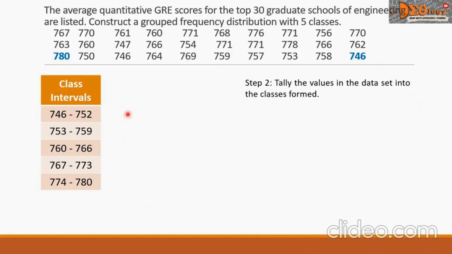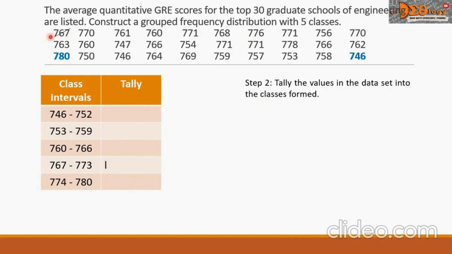Next, we will go now to step 2, and this is to tally the values in the data set into the classes formed. We need a column for tally. So what we're going to do is to go through each of the data. We will tally them according to their respective classes. Let's begin with the first number, the 767.